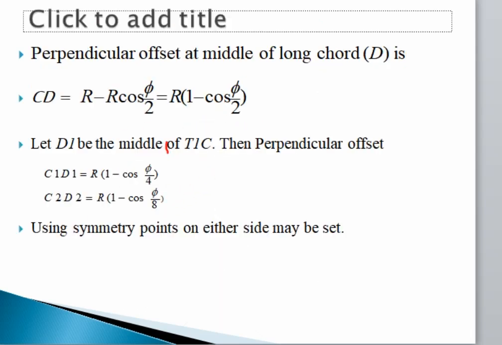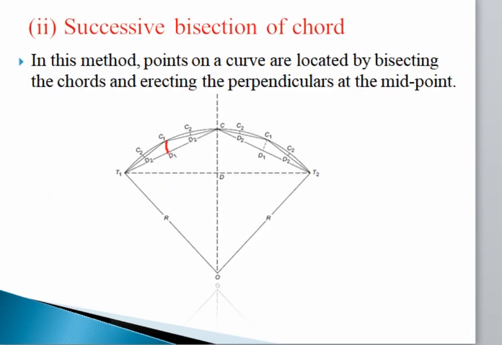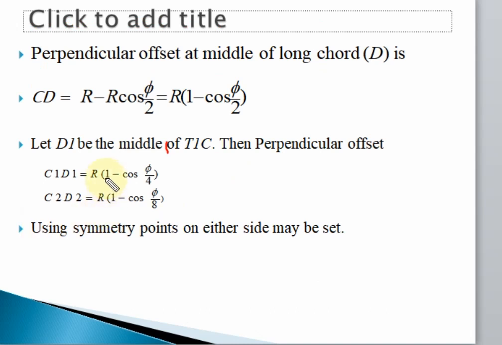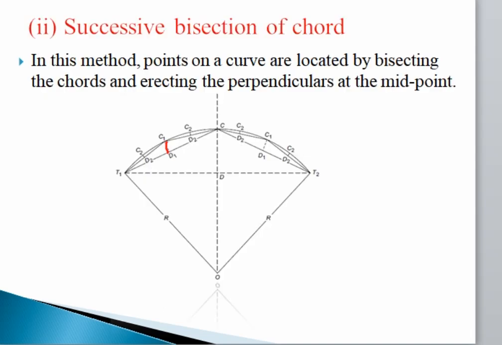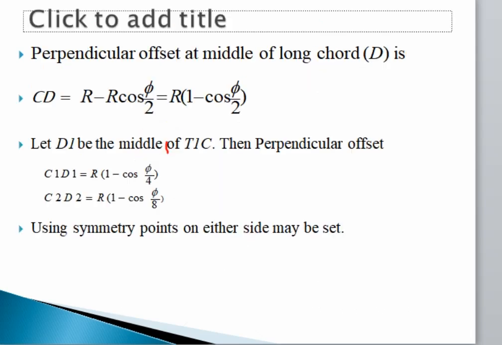C1D1 is R minus R cos phi by 4, because this is at the middle. Then C2D2 is half of the C1D1, that is why here it is phi by 4, it is half, that is R minus R cos phi by 8.